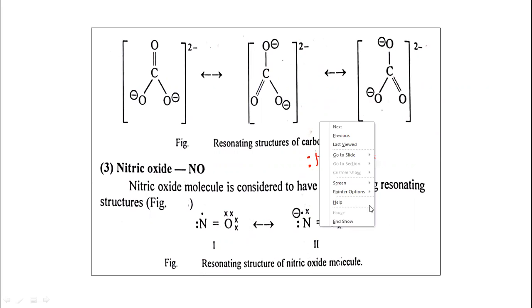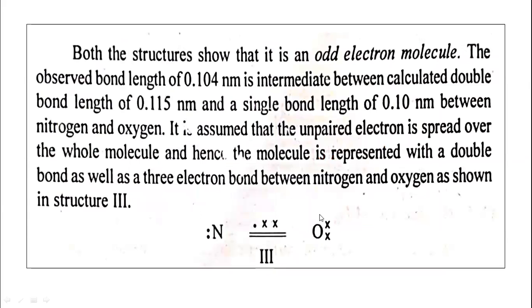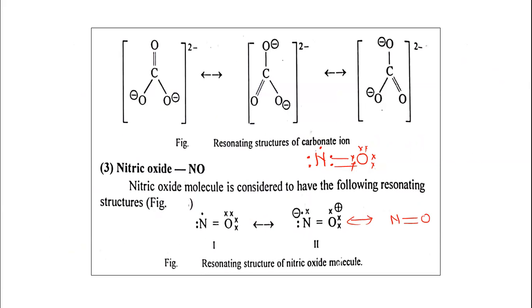So we can represent here the third resonating structure in this way. Nitrogen, oxygen, double bond is here. Now see these 2 electrons and this 1 electron here, it can be represented in this way.